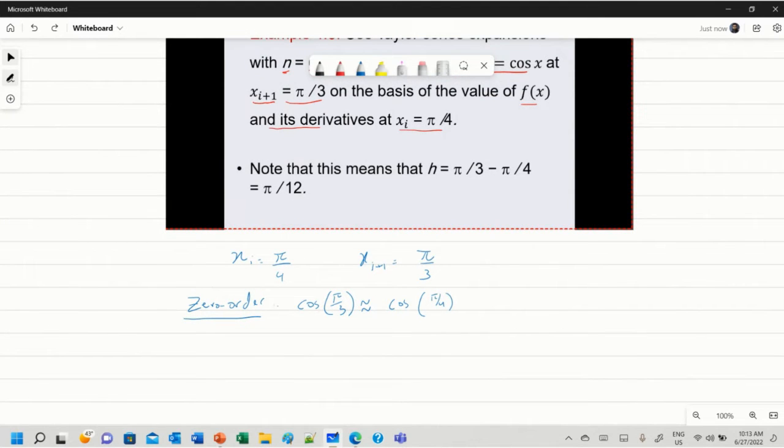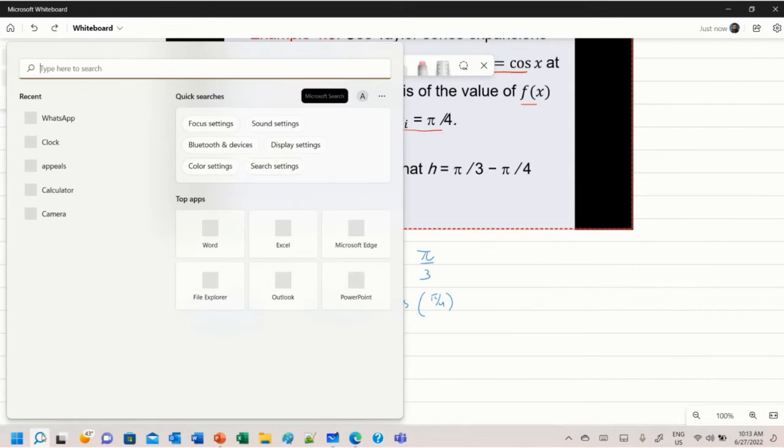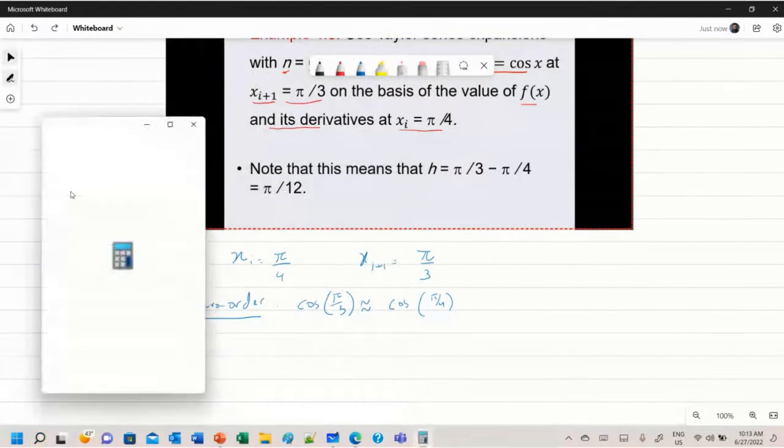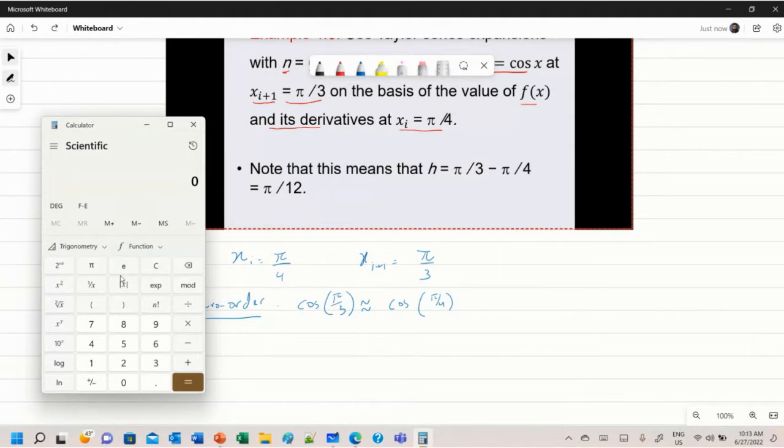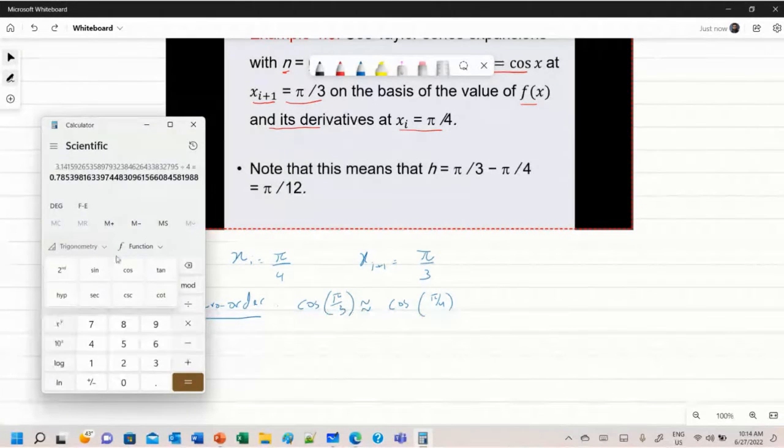So pi divided by 4, and the cosine of this, of course, I have to work in radians, not in degrees.